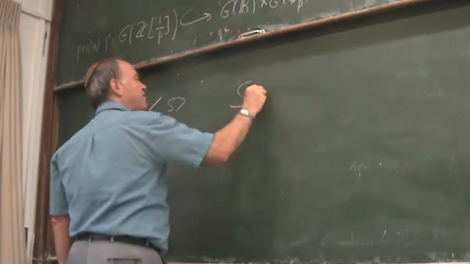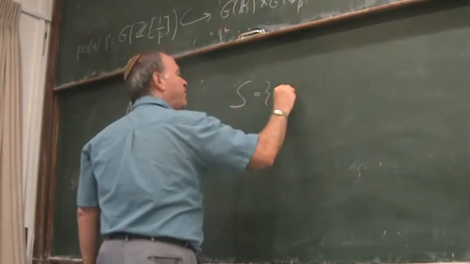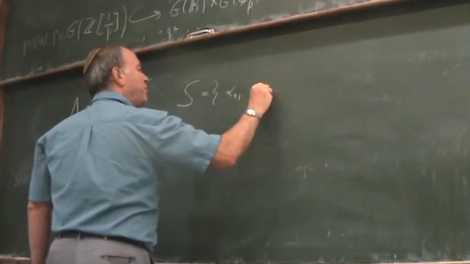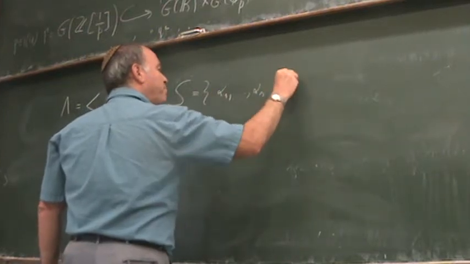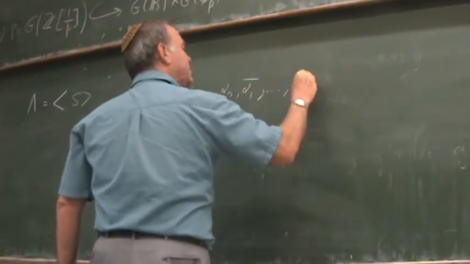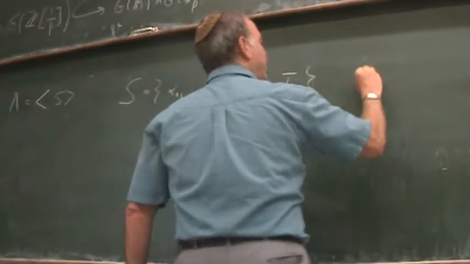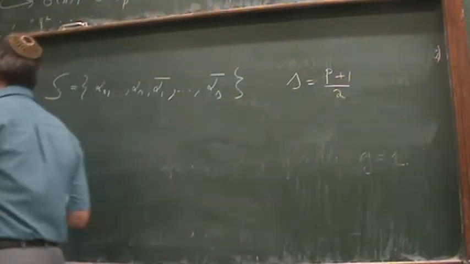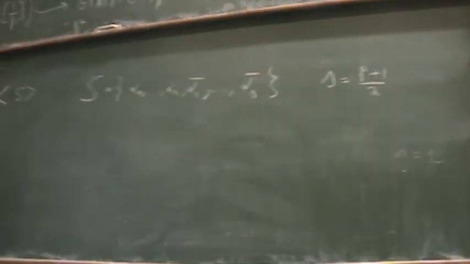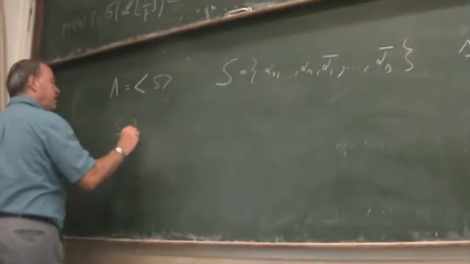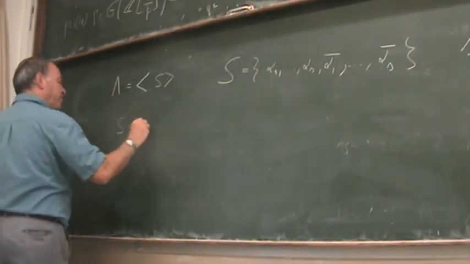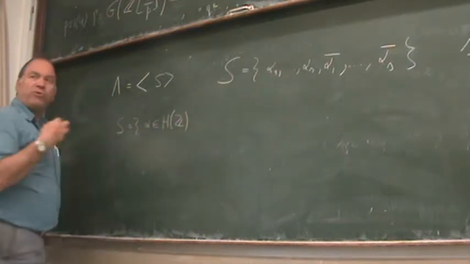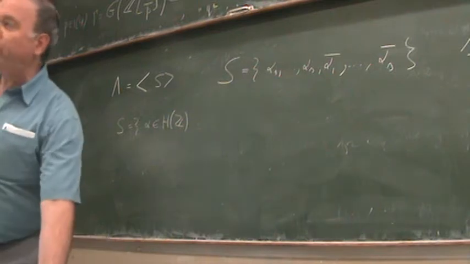S was a set of alpha 1 up to alpha s, alpha 1 bar up to alpha s bar, where s is exactly (p plus 1) over 2. What we saw, if you remember, is that S was really all the elements alpha in H(Z). We really took integral quaternions of norm p.